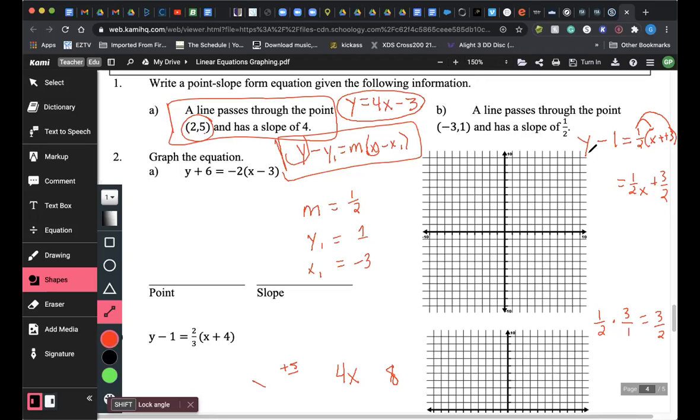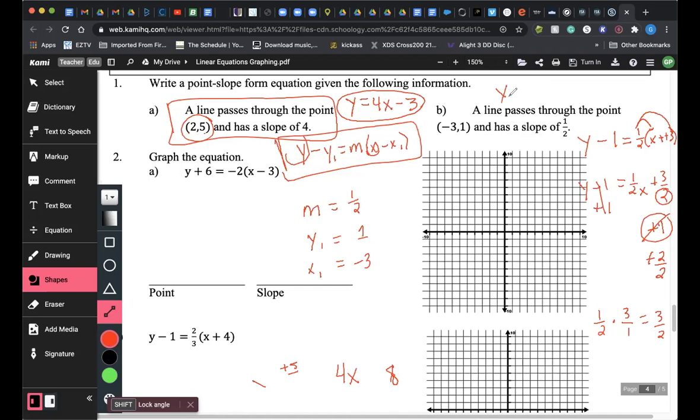And now I have y minus 1, right? So I need to add 1 to both sides. This is where it gets a little tricky, because you're adding 1 to a fraction. So the easiest thing to do is to turn 1 into a fraction as well, with the same denominator that you're using. So instead of adding 1, I'm actually just going to add 2 over 2. 3 plus 2 is going to give me 5.